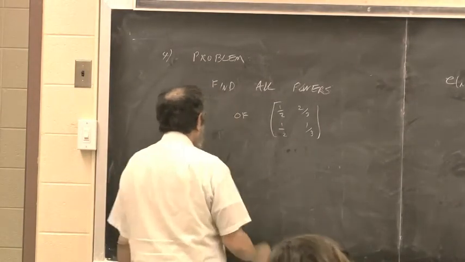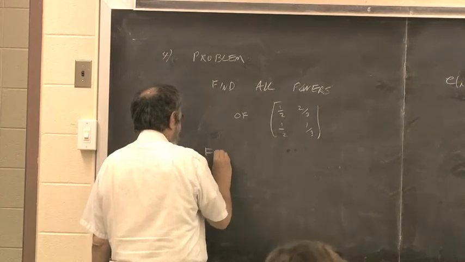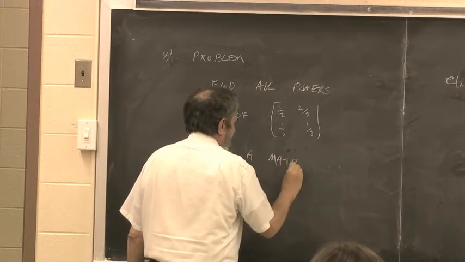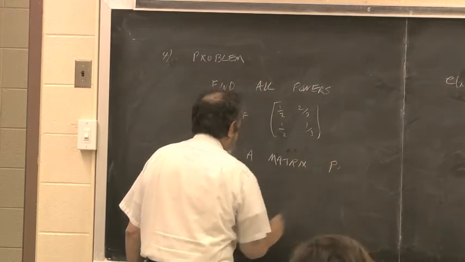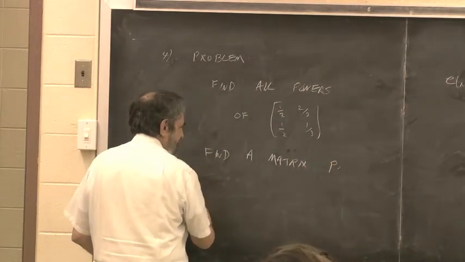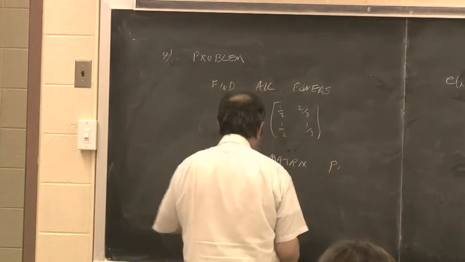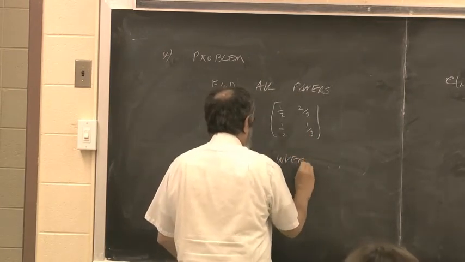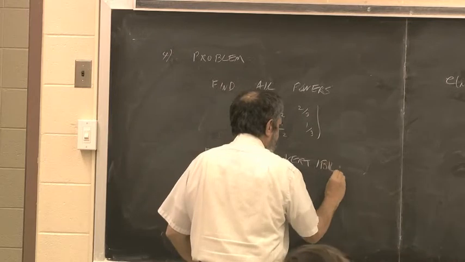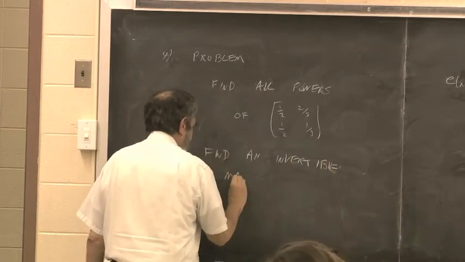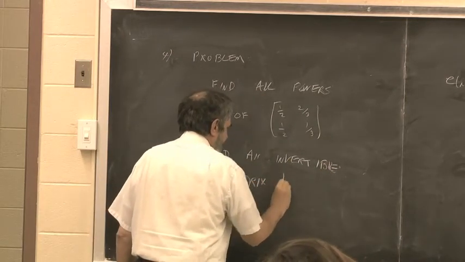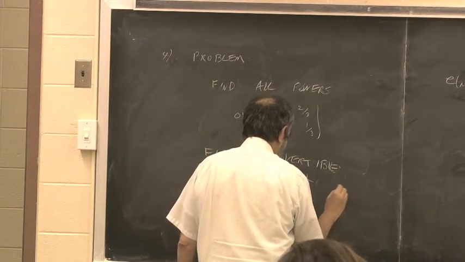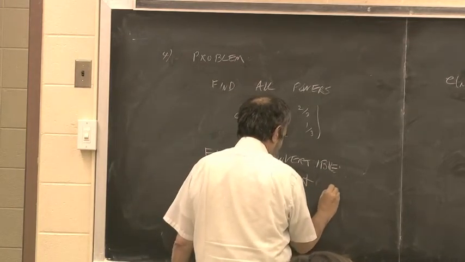We're going to look for a matrix P. Find a matrix P, such that, and so that's going to be an invertible matrix P. This is what we want to do. And a diagonal matrix, for some reason they write this capital gamma.